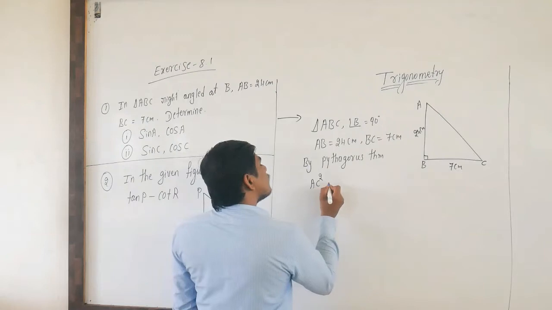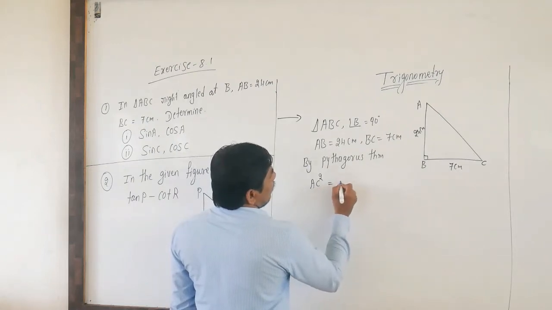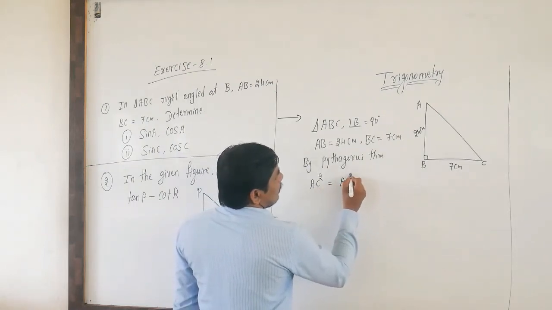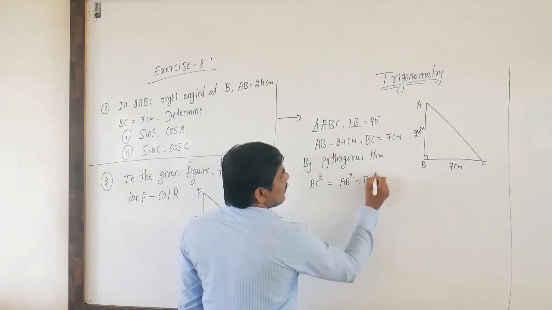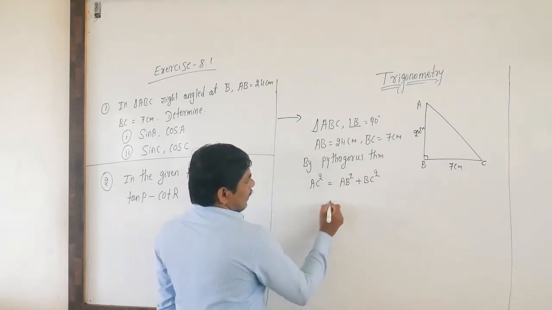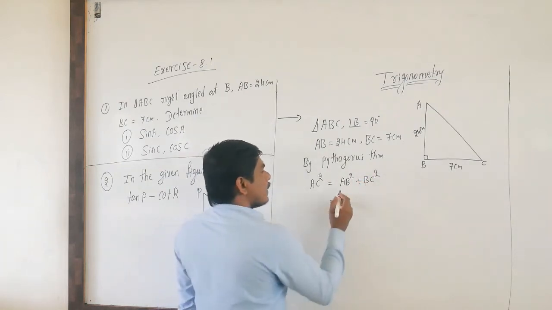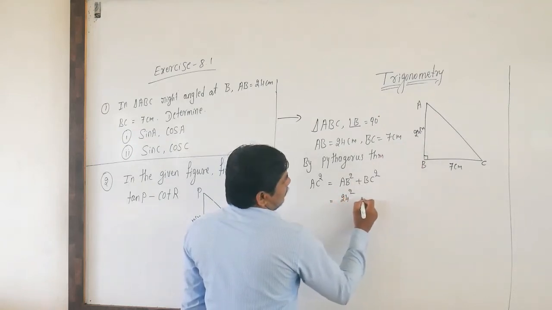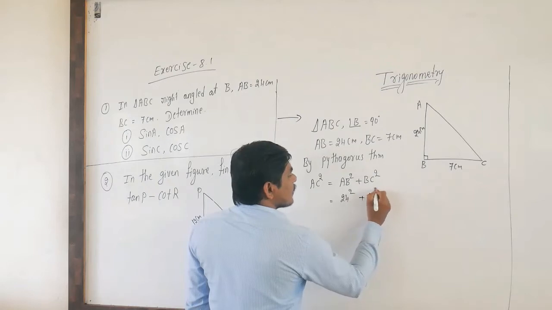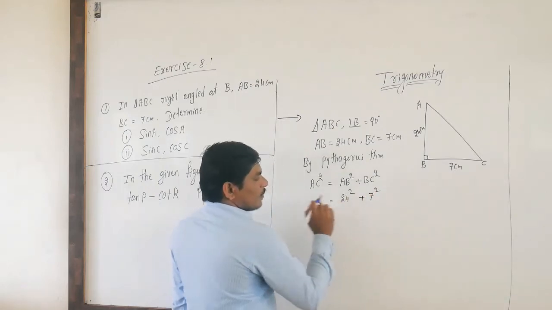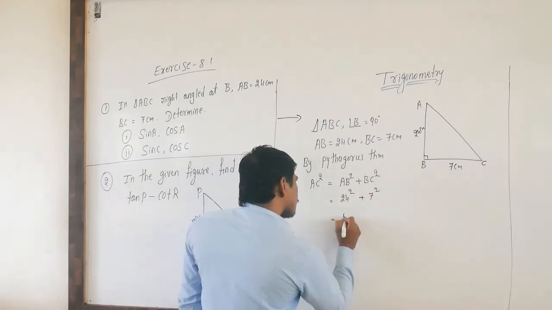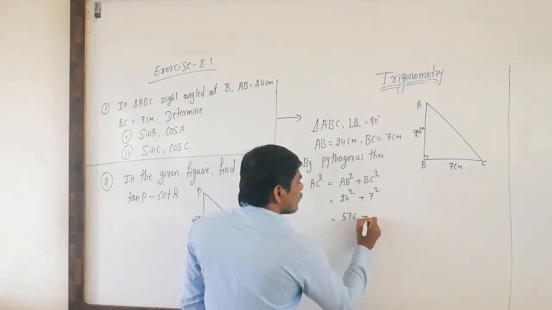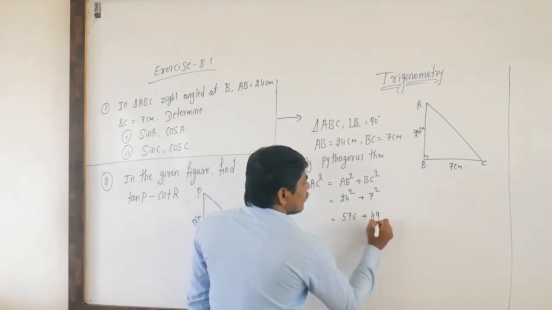AC square is equal to AB square plus BC square. Then the AC length is an unknown value. Now AB is 24 square plus BC is 7 square. Now 24 square is equal to 576 plus 49.